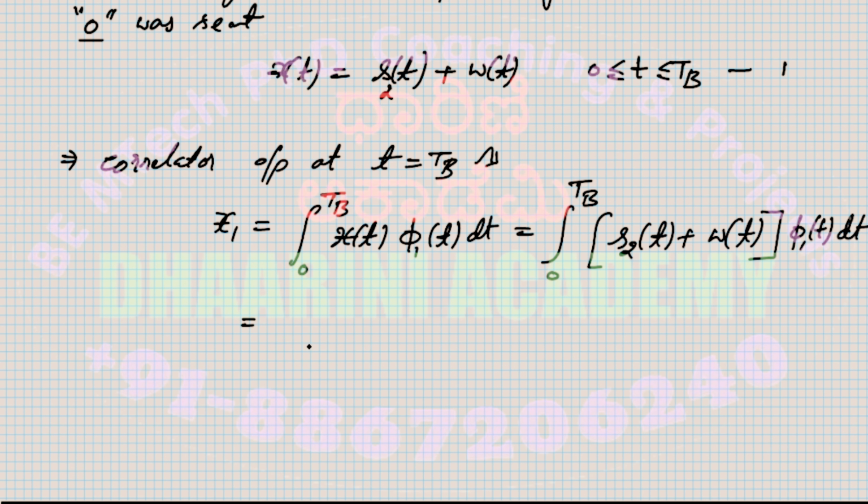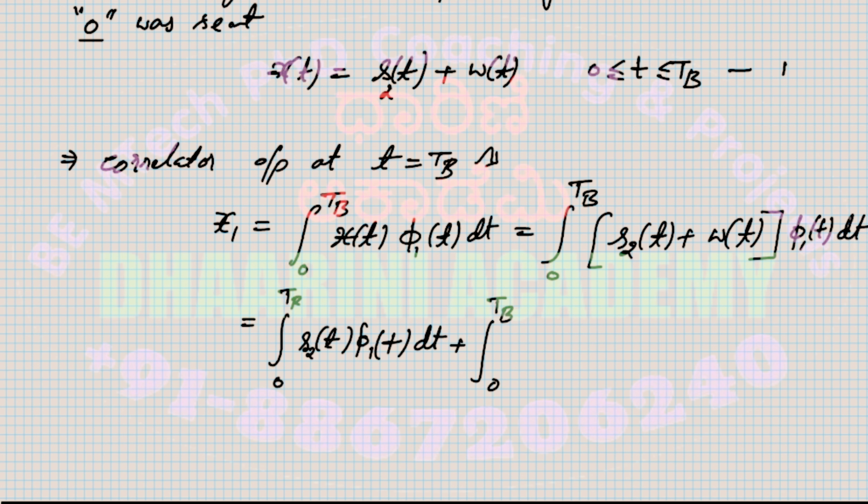This is the integral of s2 of t into phi 1 of t dt, plus the integral from 0 to Tb of the noise component, that is w of t into phi 1 of t. So noise also gets multiplied with this part, okay, w of t into phi 1 of t dt.